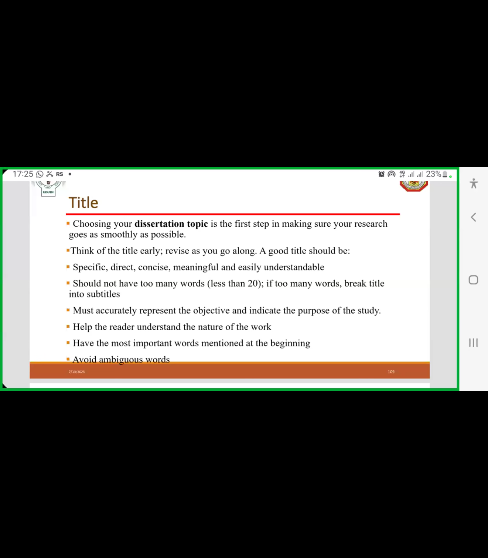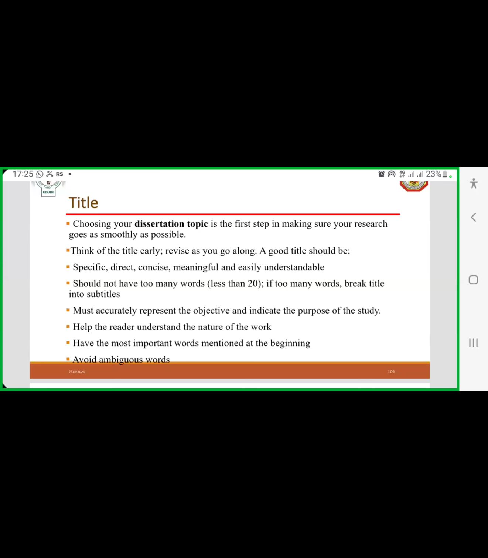The title must be specific and it must be direct. Anybody that looks at it can picture what you want to do. Then it should be concise. You should not have a title that needs more clarification. So once you have a title that is very good, that is very concise, anybody that sees that title will understand where you want to go.